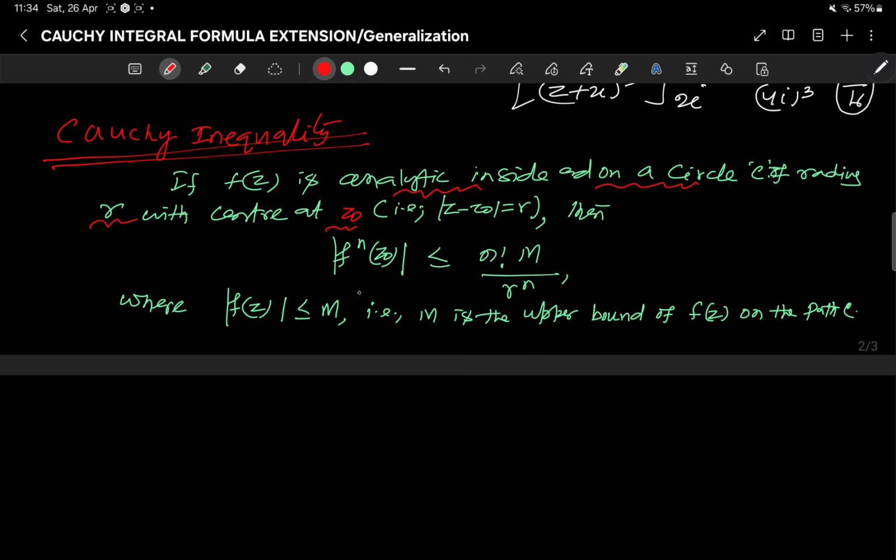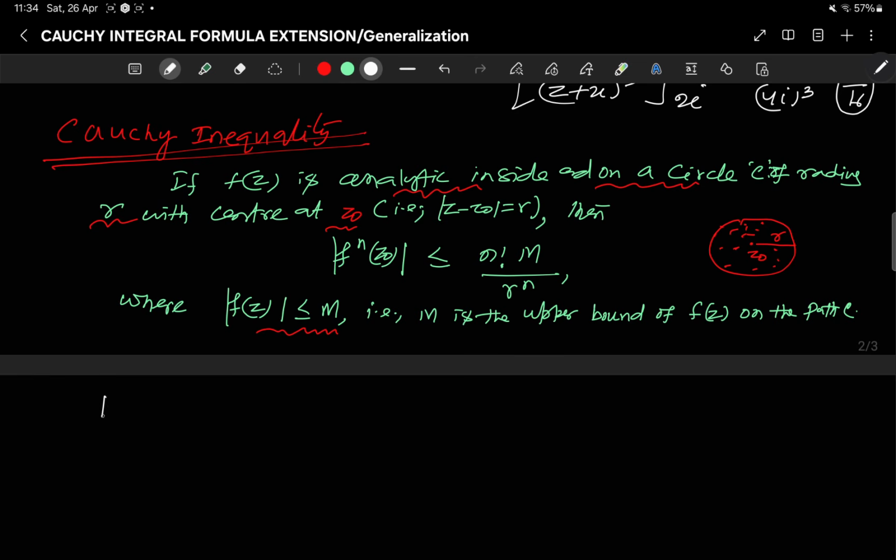Then the modulus of f^(n)(z0) is less than or equal to n factorial M divided by r to the power n. So here we have a circle centered at z0 with radius r, and f(z) is analytic everywhere inside and on this. And M is the upper bound of f(z), and we have to prove it.